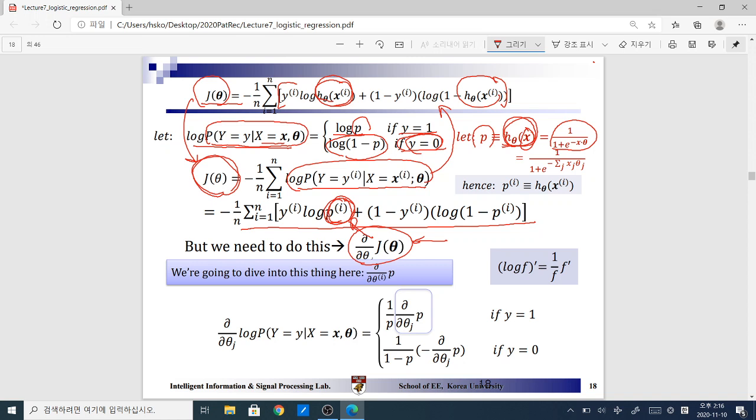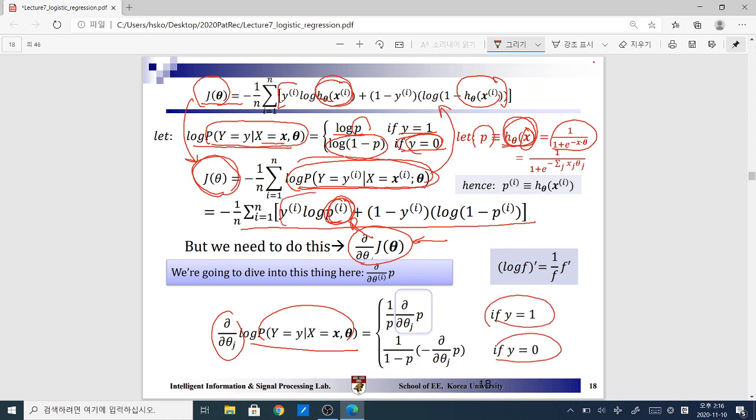The first thing we want to do is take the log of this, and then take the partial derivative of the log of this function with respect to theta sub j. We do this for two cases, once again: the label being 1 and the label being 0.